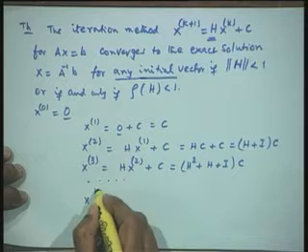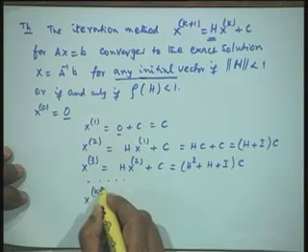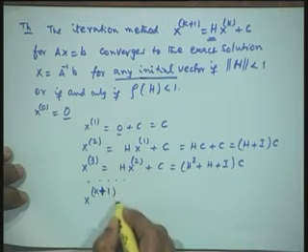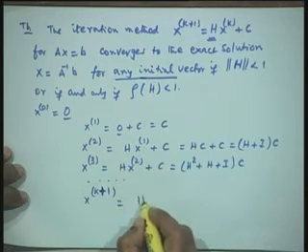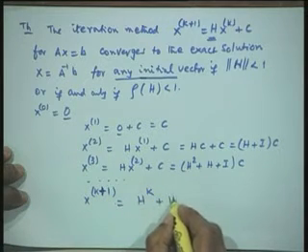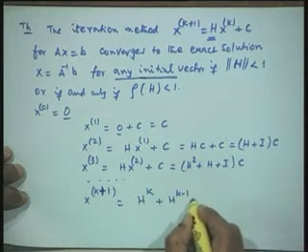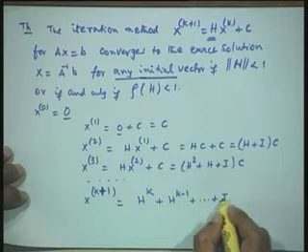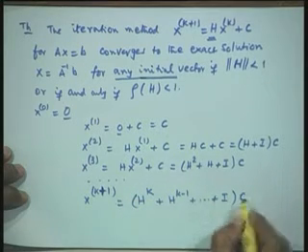If I take the k plus 1th iterate, this will become h to the power of k, one less than this, plus h to the power of k minus 1, and so on, plus I, c.